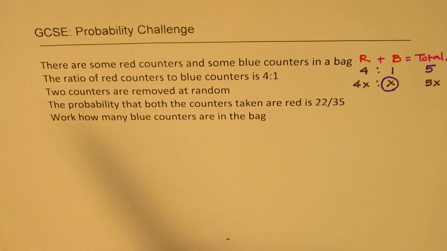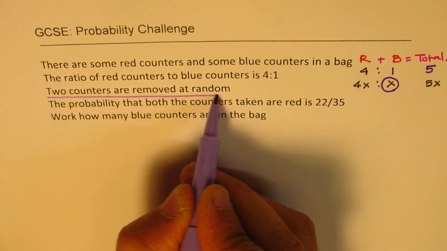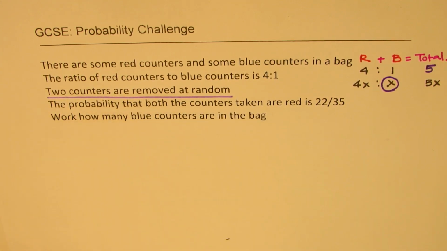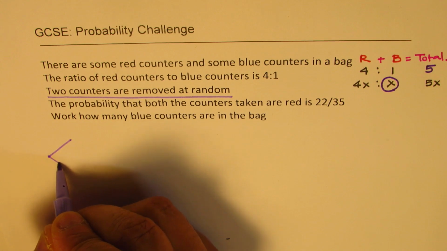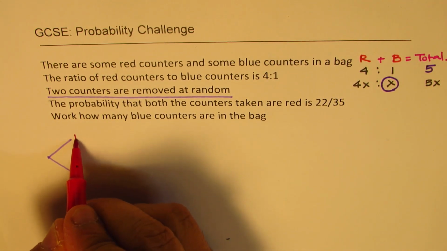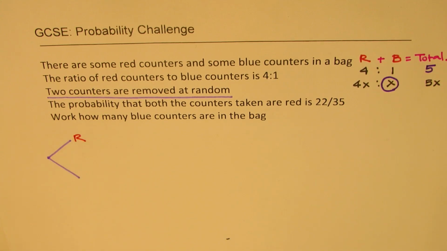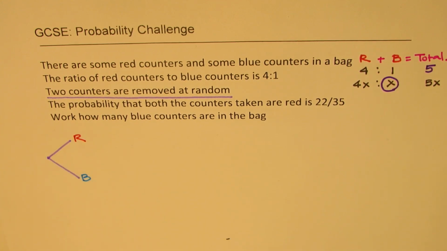Now, when we say 2 counters are removed, right? 2 counters are removed at random. Now, obviously, 1 will be removed first, right? So let's talk about removing one of them first, which could be either red or it could be blue, right? Now in a tree diagram, when you show these possibilities, you have to write down what is their probability, right?